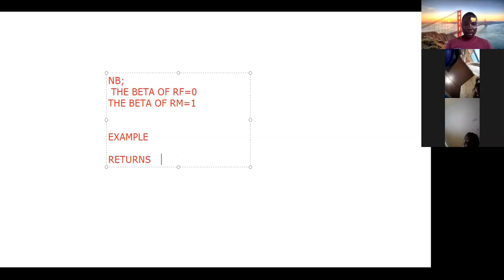Now, the beta of Rm is always equal to 1. And you know Rm already. So when I give you the question, I give you an example. You have the returns here, and then you have the beta here.